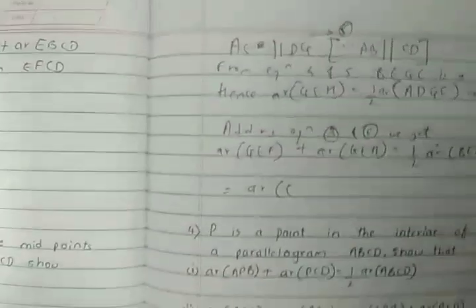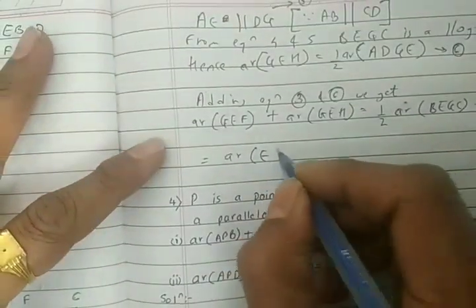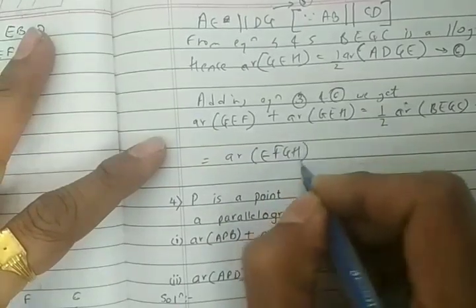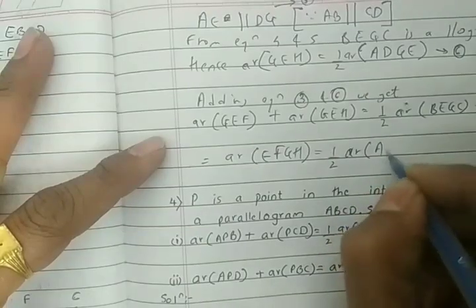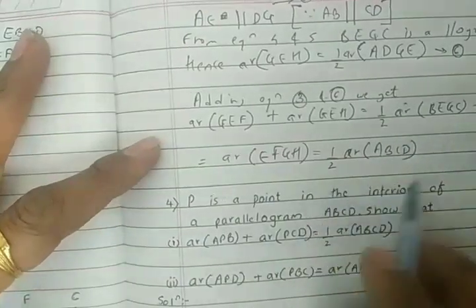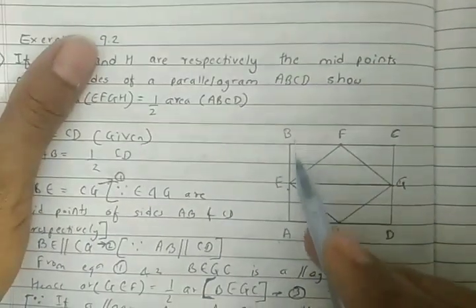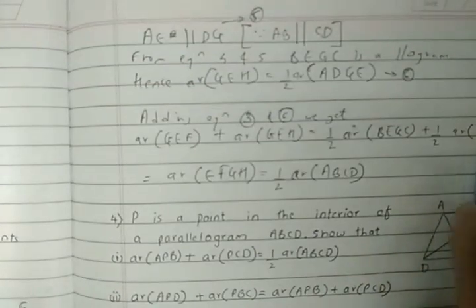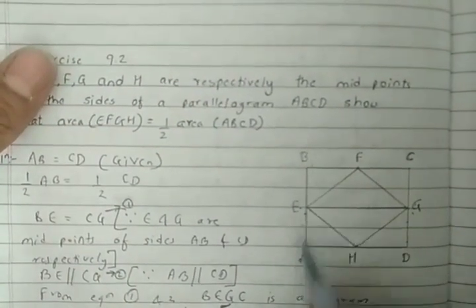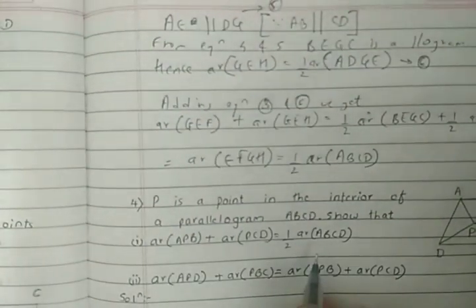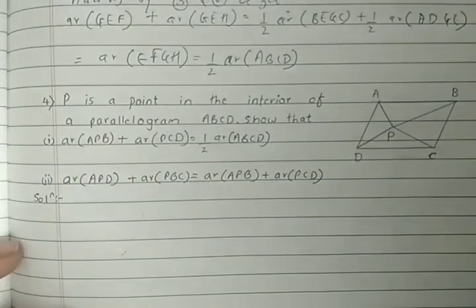So here we will write parallelogram EFGH equal to half of area of parallelogram ABCD. Here BEGC and ADGE will give you the parallelogram ABCD. Thus we have proved.